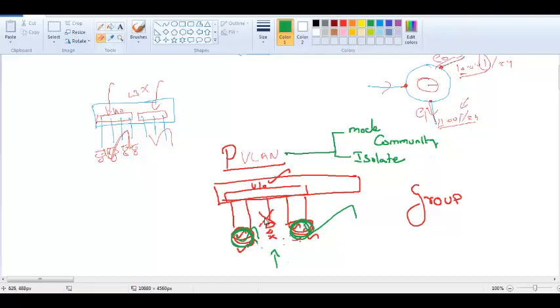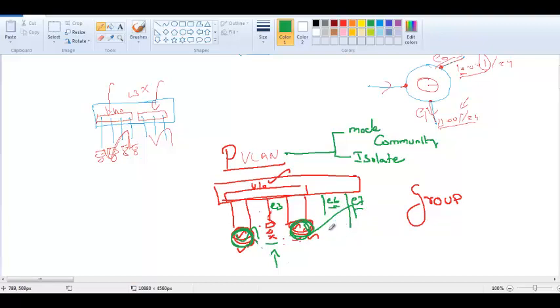See, this port, let's say Ethernet 3, and this port Ethernet 6, Ethernet 7. So these ports are defined under isolate. What does it mean? They should not talk to each other. Ethernet 3 should not talk to Ethernet 6, Ethernet 6 should not talk to Ethernet 7.